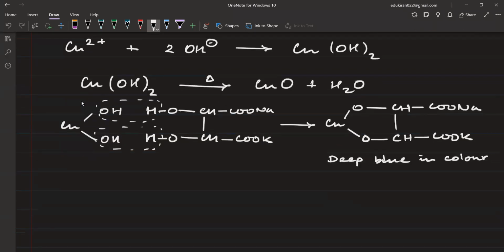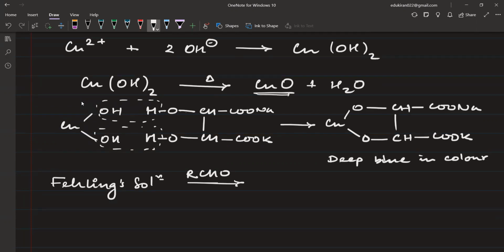Now, right next, when you have Fehling solution and you react this with RCHO, then you have two things. You have CuO and this deep blue color complex that is made with copper.